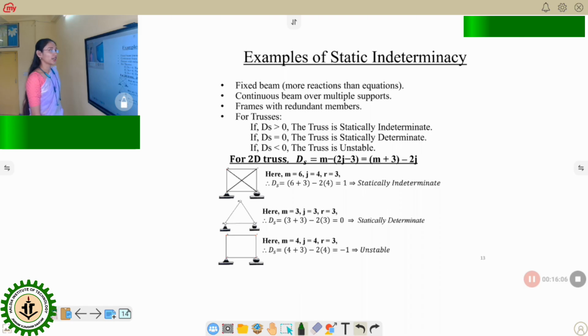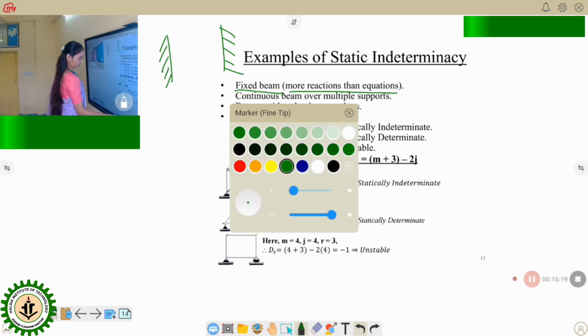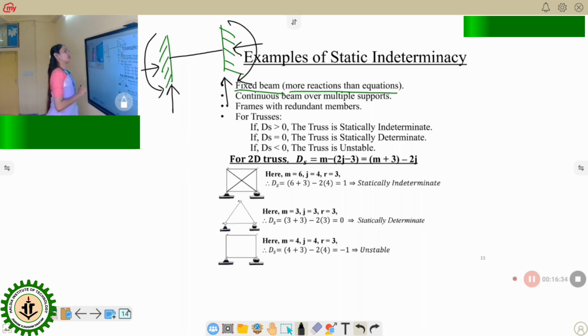Simple example for static indeterminacy, like a fixed beam: more reactions than equations. This is a fixed beam. A fixed beam has a vertical reaction on both sides, a horizontal reaction on both sides, as well as a moment on both sides.